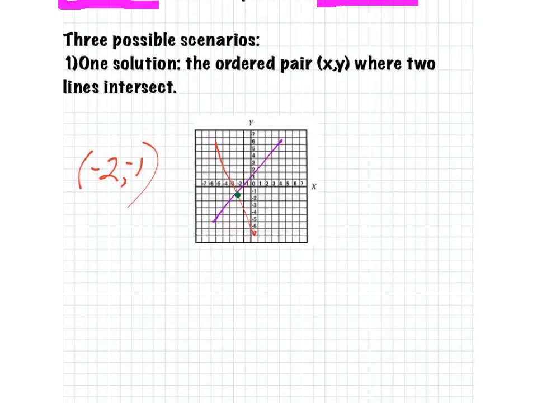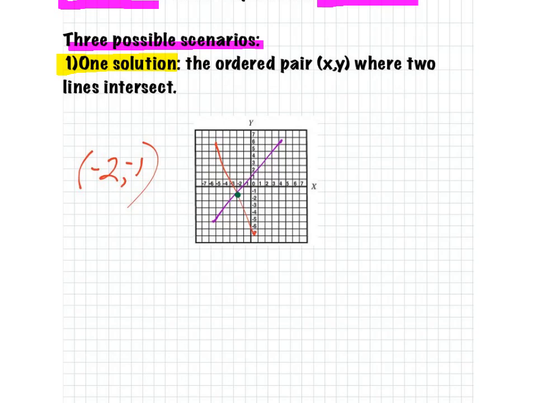The first of the three possible scenarios is the one solution. You will find that your system of equations has one solution when the graph of your system has intersecting lines. If the two lines intersect, the solution is the ordered pair where those two lines intersect.